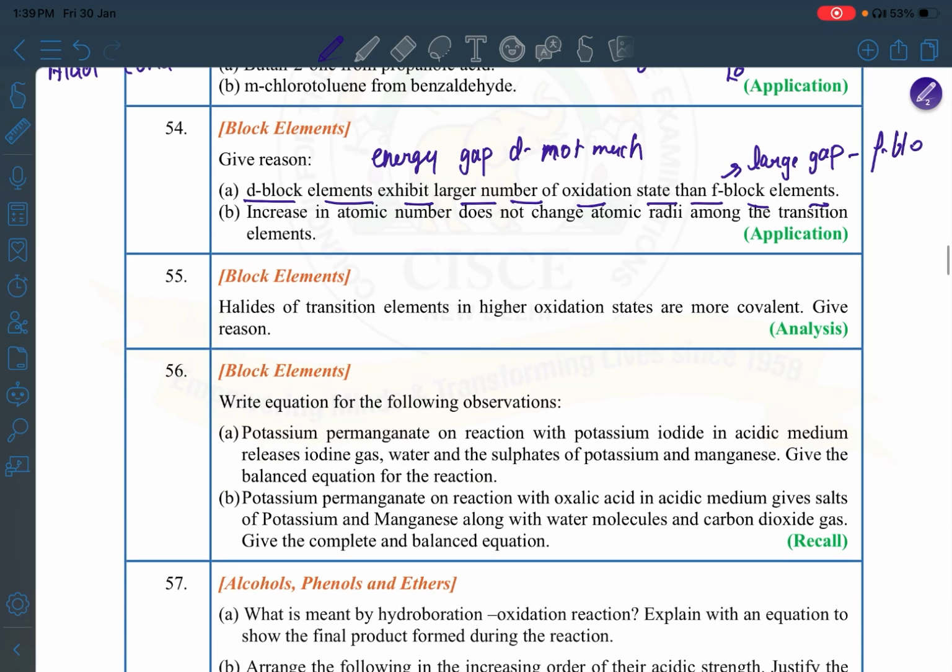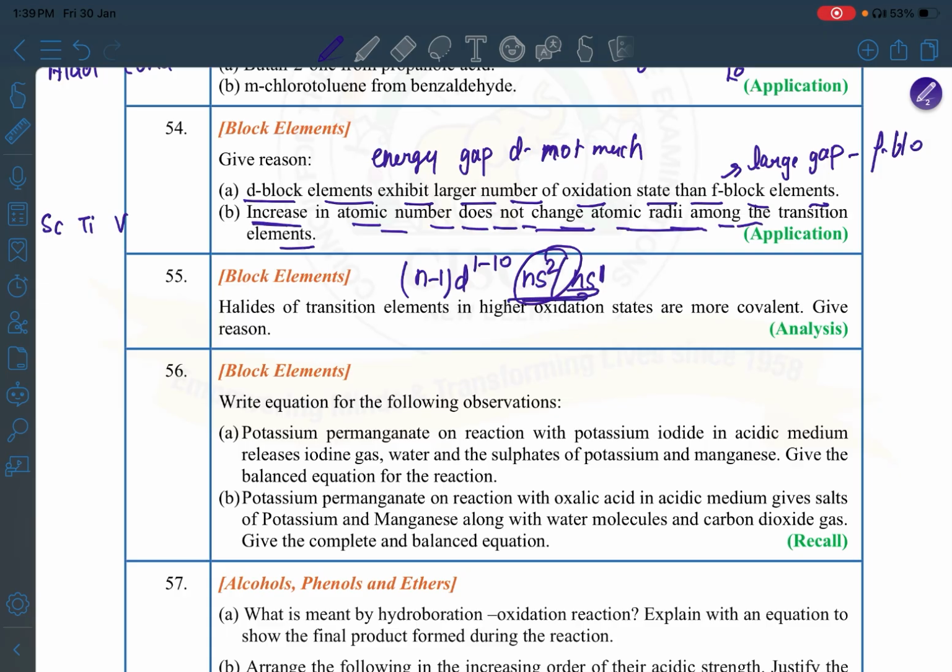Now, an increase in atomic number does not change the atomic radius among the transition elements. So if we have scandium, titanium, vanadium and so on, an increase in atomic number does not change the atomic radius much. Why? Because they have the configuration (n-1)d1 to 10 and ns2 or ns1.